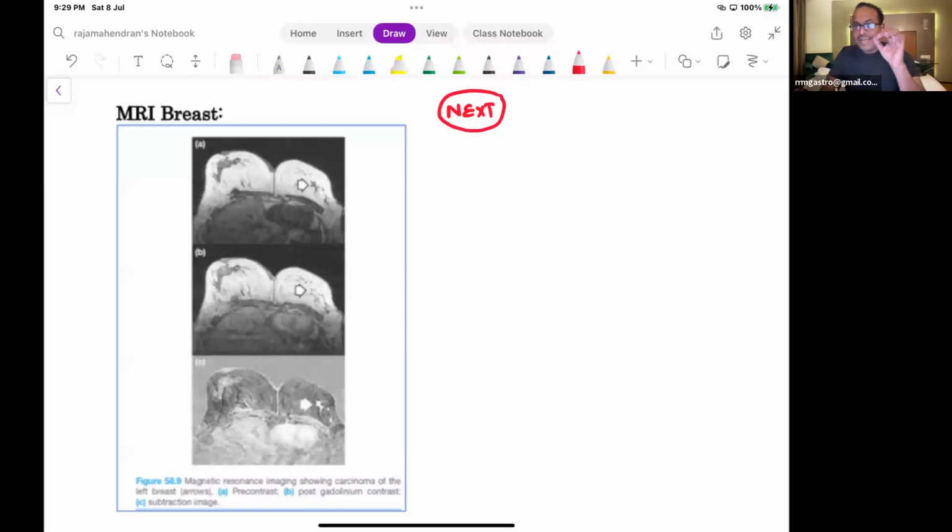So what are the indications of doing MRI breast? MRI breast can be used as a screening investigation as well as a diagnostic investigation for a patient coming to you with a swelling. Where are all the places you will use MRI as a screening investigation? Yes, tell me some places. Yes, very good.